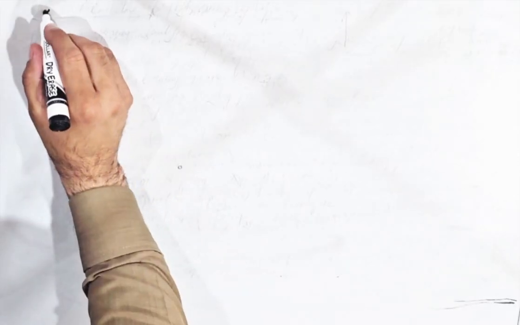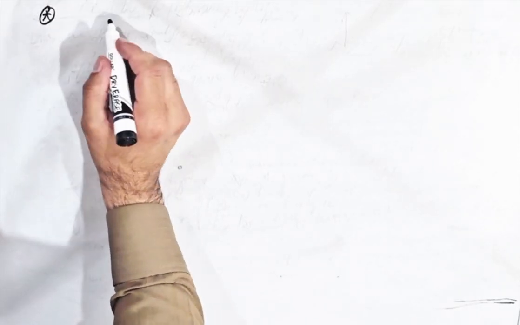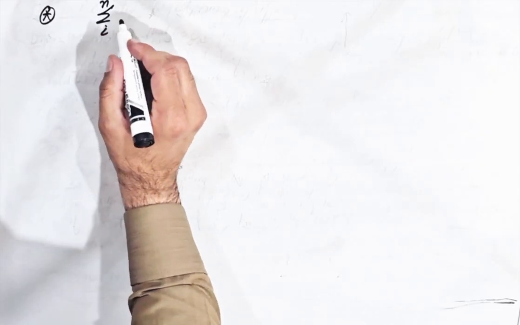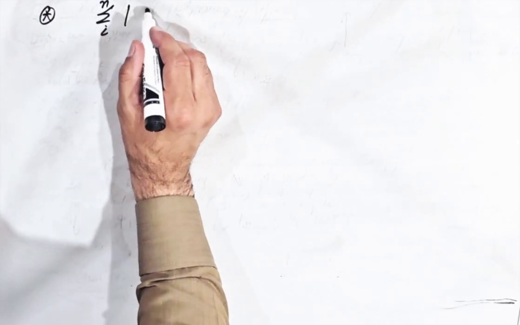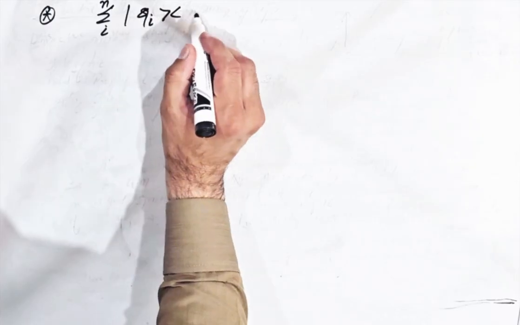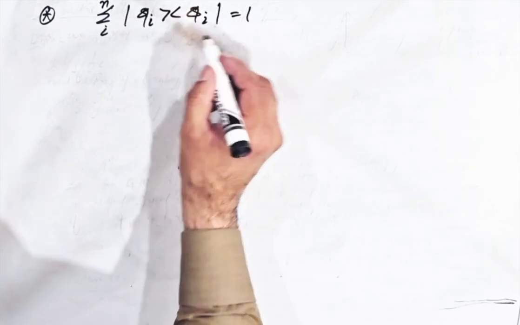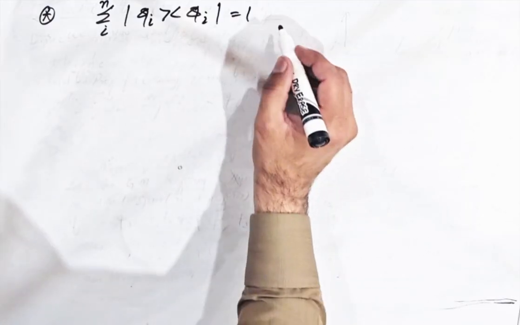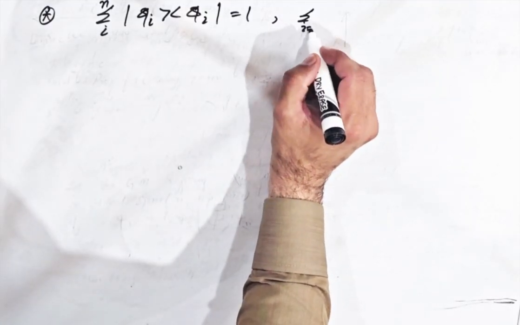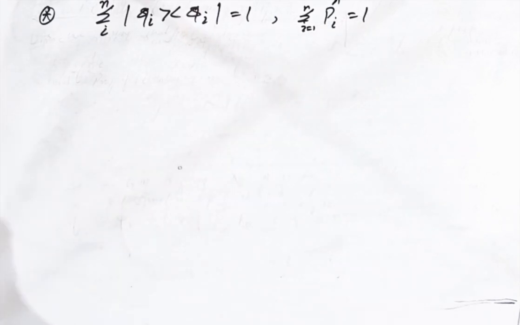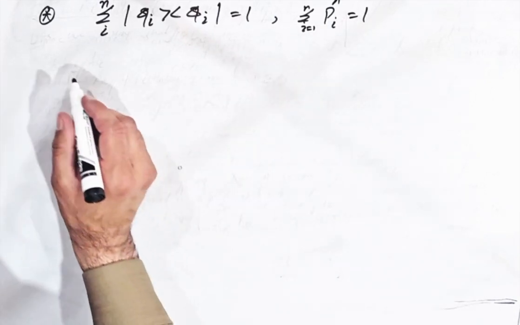We can also show some properties of the projection operator, which means to prove that the sum of Pi is equal to 1, the projection operator.